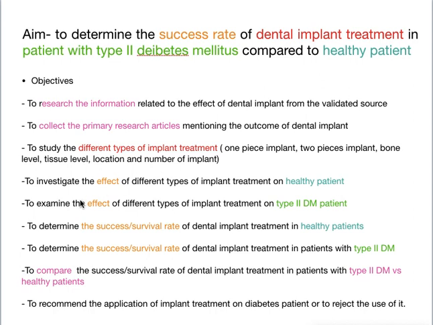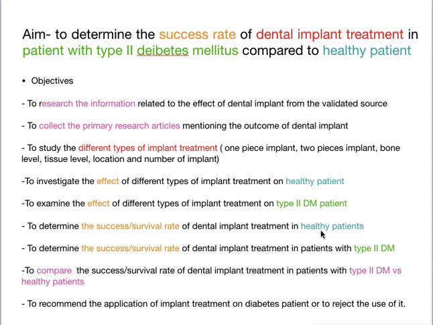When narrowed down, we will examine the effect of this implant treatment, but narrowed down to type 2 diabetes mellitus patients. And then from those effects, we take out only success rates or survival rates. They both are different, but you need to mention those two together. Or you can add it here as well, no problem.